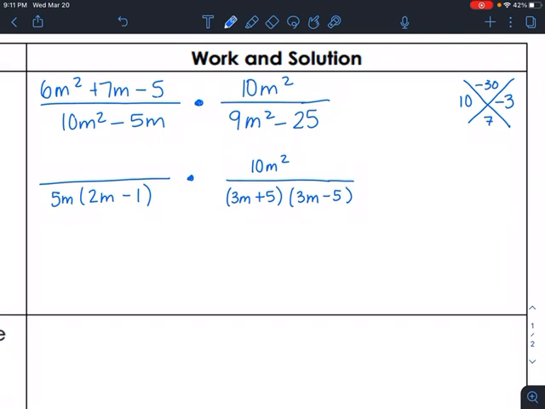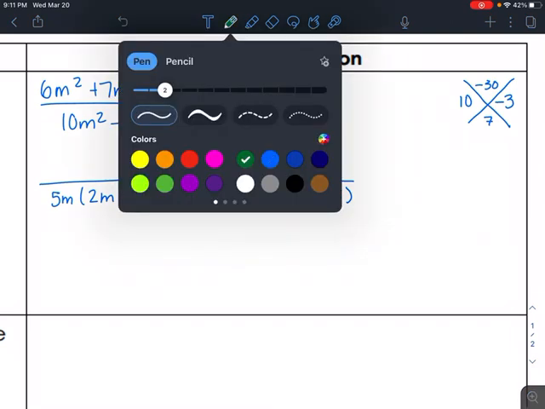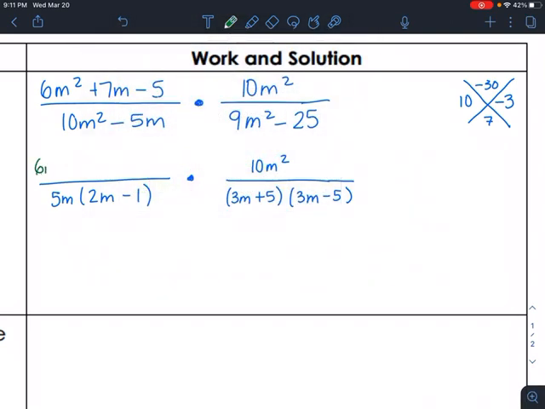So we are going to rewrite that as 6m squared plus 10m minus 3m minus 5. And then we have to factor that again by grouping. So I'm going to go ahead and write this off to the side here.